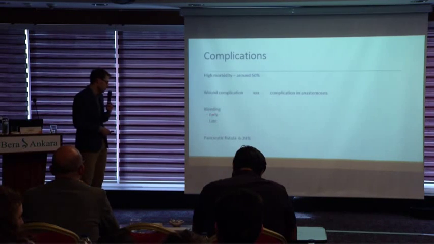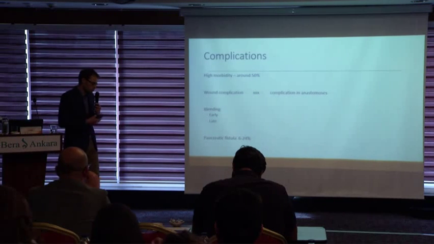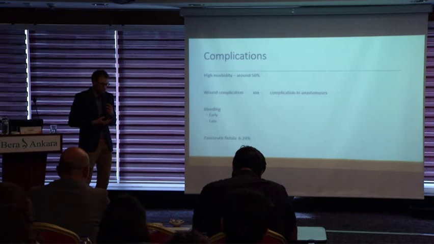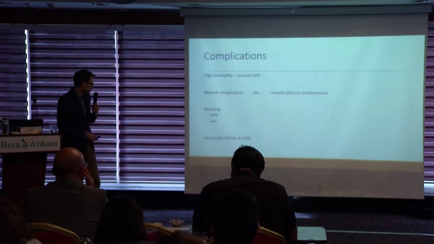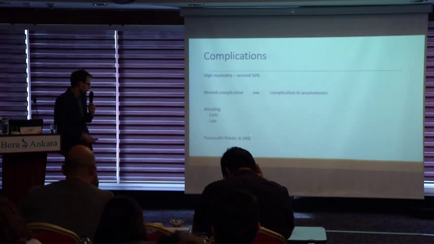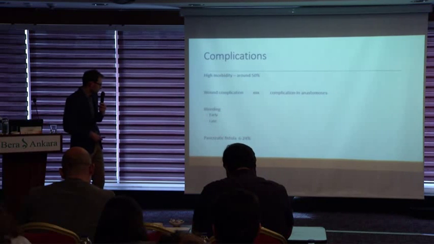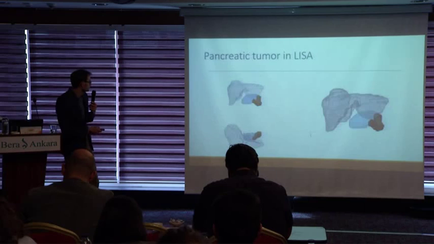It could be early, immediately after the operation, and late, in the situation when the pancreatic content erodes the wall of the anastomosis, for example, and it could start to bleed. And the last one that I note here is the pancreatic fistula. It's also a very severe complication with a long time for healing.